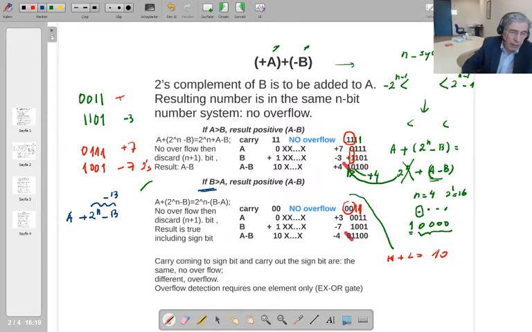This is what we said here: the resulting number is going to take the sign of the highest absolute value number. So the result is going to be negative. So if I write this now, 2 to the power n minus B.